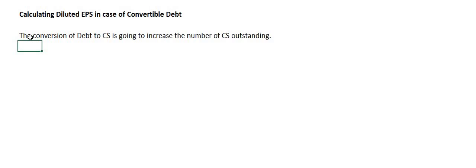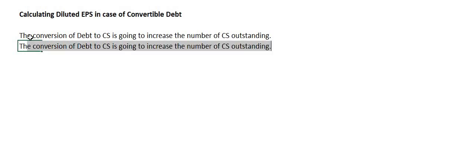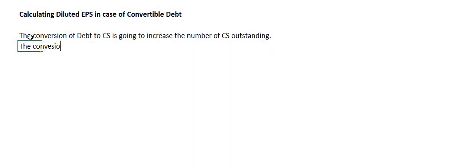Similarly, the conversion is going to increase our net earnings available to common stockholders.